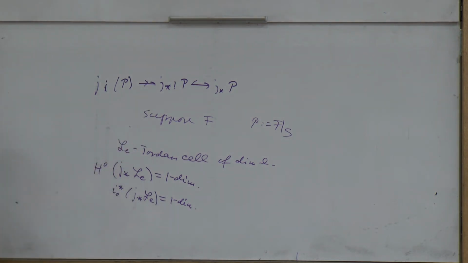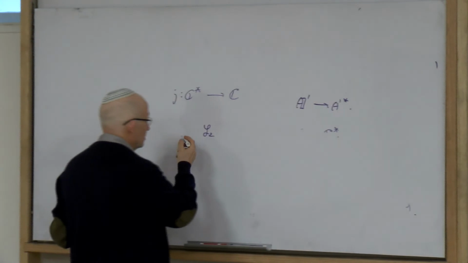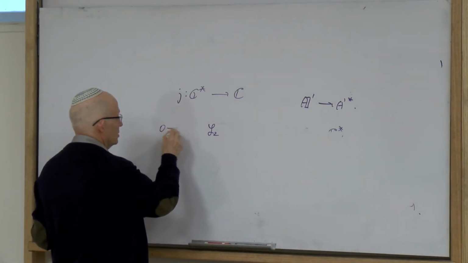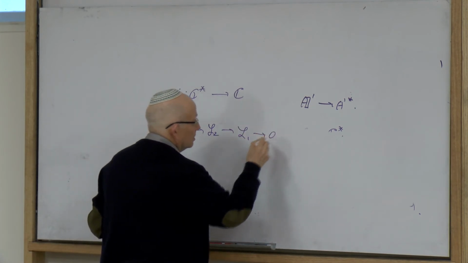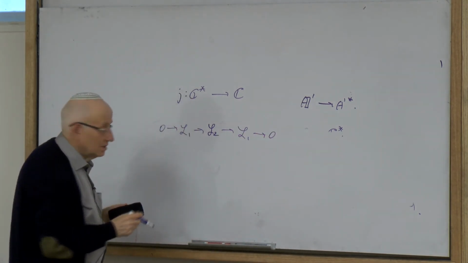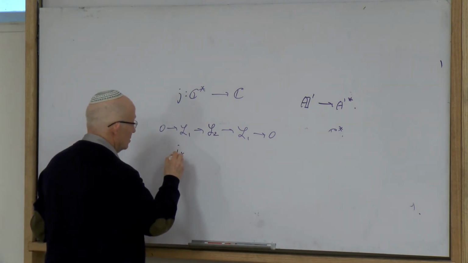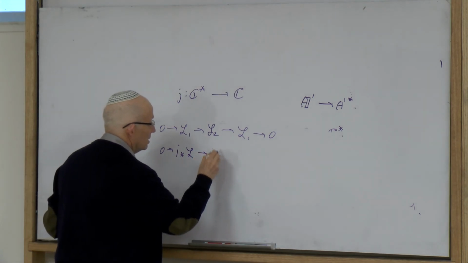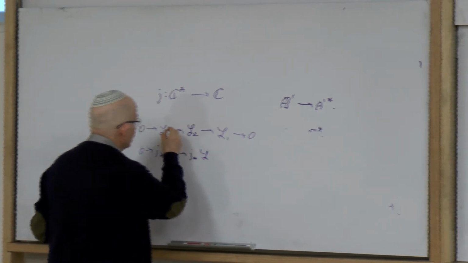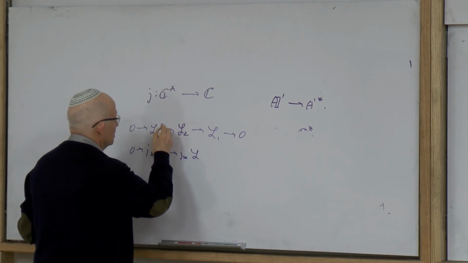Okay, so on the other hand, you know that the functor J star is exact. Now let's consider, for instance, L_2. For L_2, you have natural exact sequences of the Jordan cell: you have L_1, L_2, L_1, 0. So if you consider J star of this, you'll get an exact sequence.